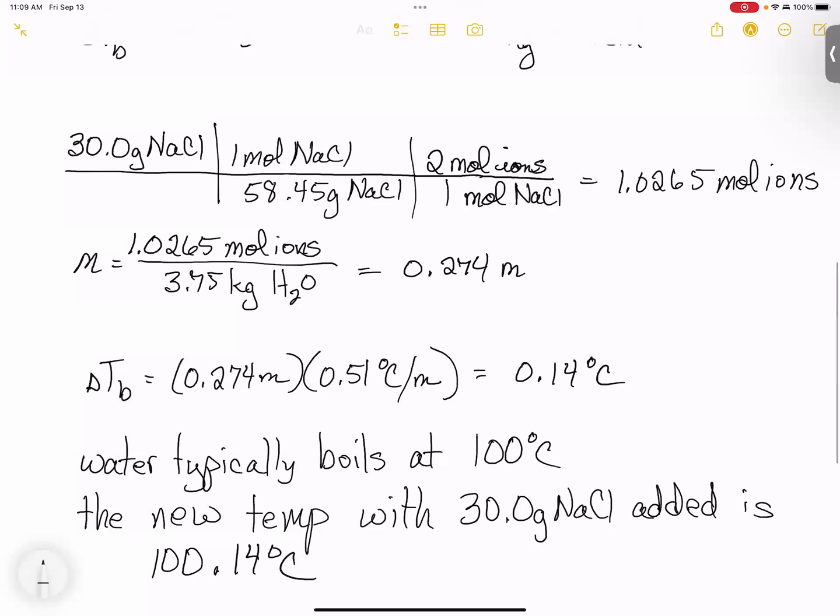So in other words, it raised it by 0.14. 30 grams really isn't that much, not for 3.75 kilograms of water. But, questions?